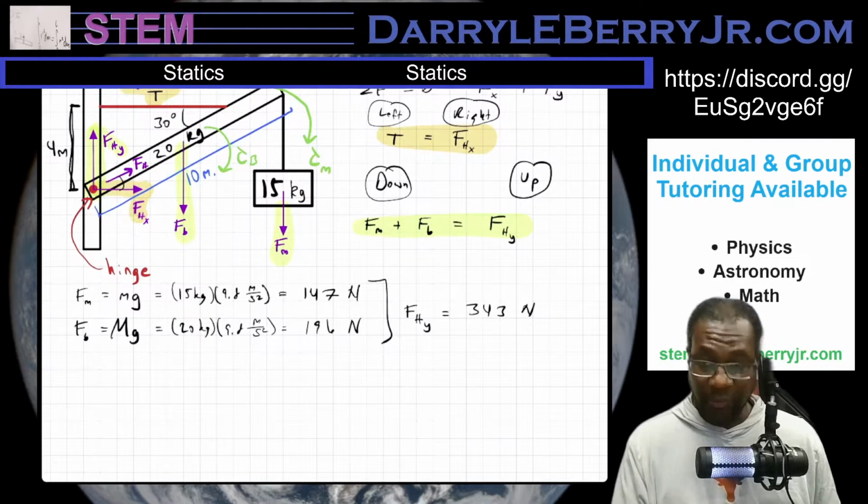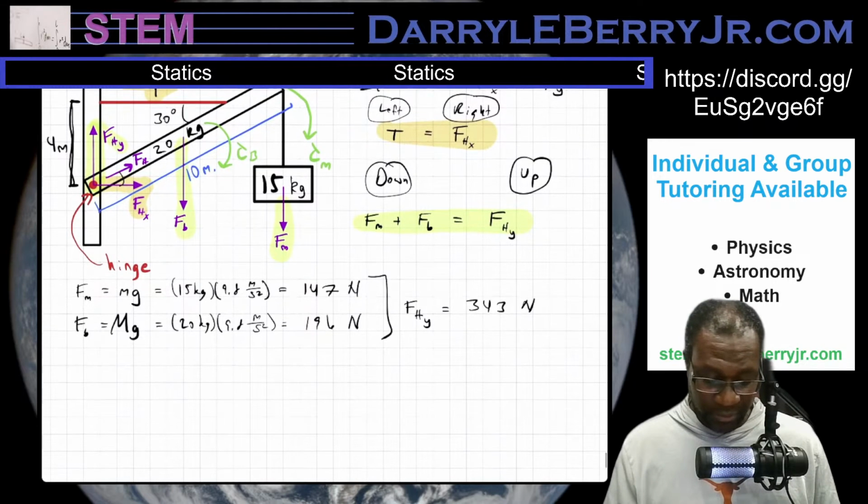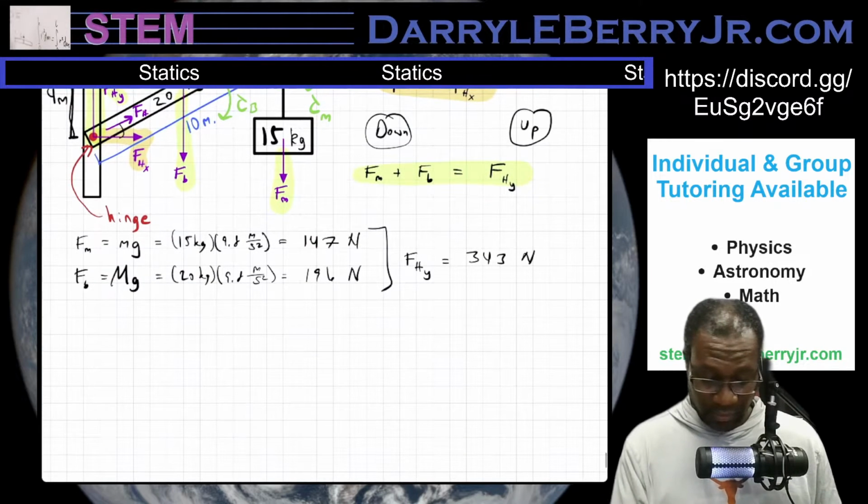So the horizontal anywhere along that line will have 30 degrees to the beam. So this is 30 degrees.